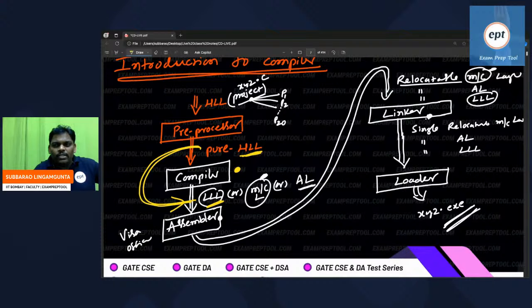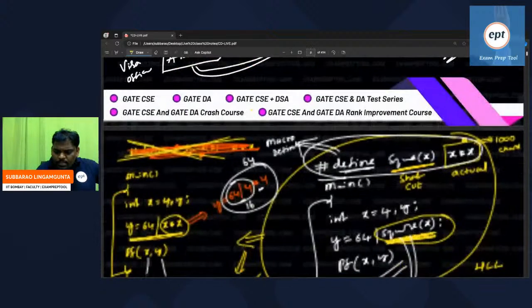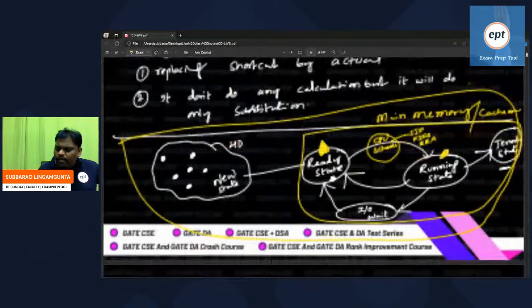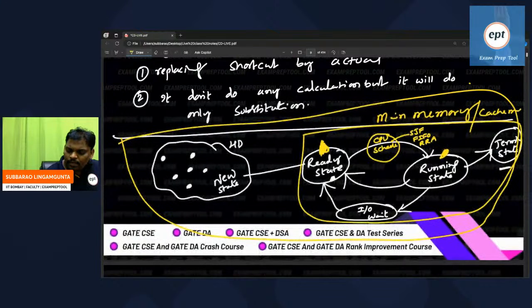You don't go from ready state to new state, but from ready state to running state. Remember, it is a part of the operating system. No need to do more work on this.